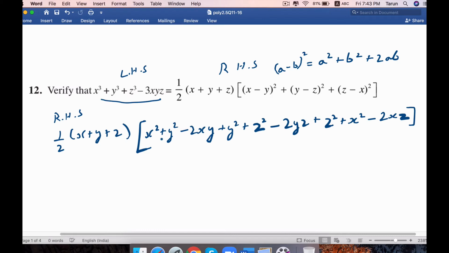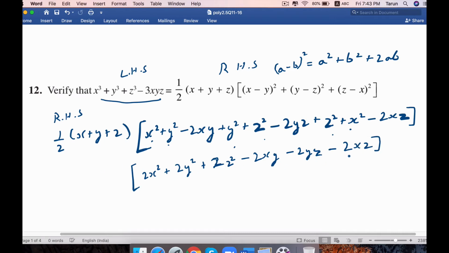So I can clearly see it has 2x squares, 2z squares and 2y squares. So I will get 2x square plus 2y square plus 2z square minus 2xy minus 2yz minus 2xz.